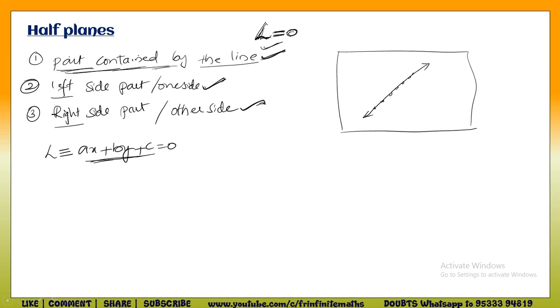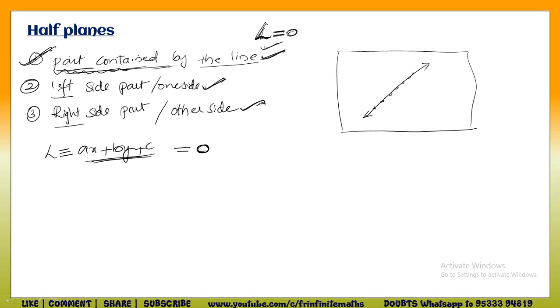When I consider L, then this equal to 0 we are not going to consider, right? Now whenever you take the points contained in the first part, which are contained by the line, that means on the line if you consider the points, the value always gives me 0.